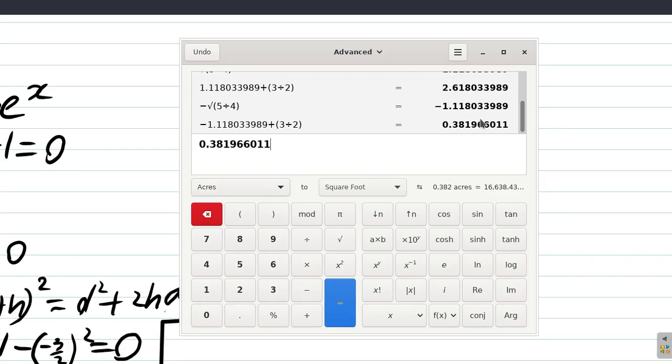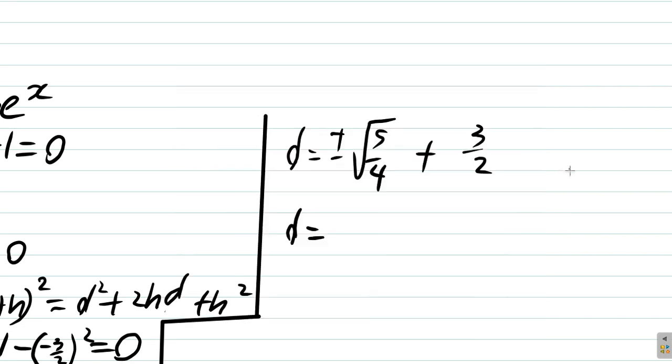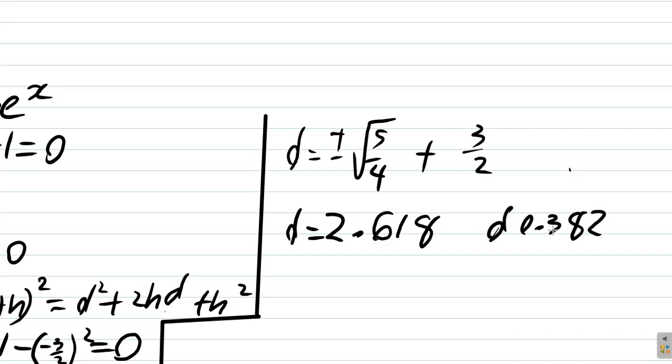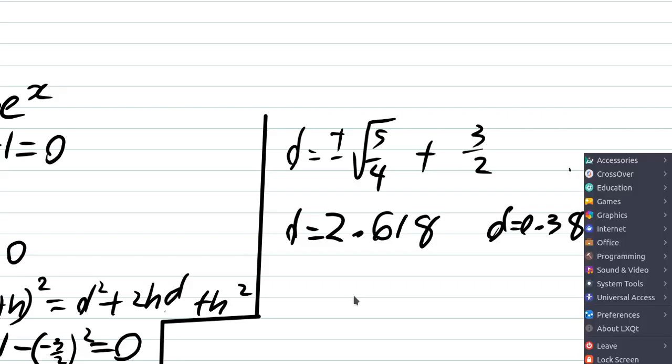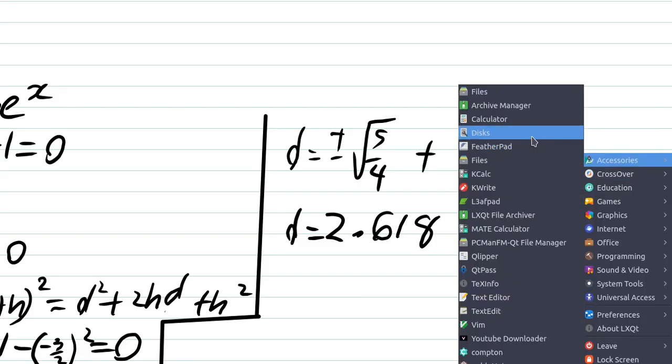So we have 2.618, 0.382. So those are two possible values that we have of D.